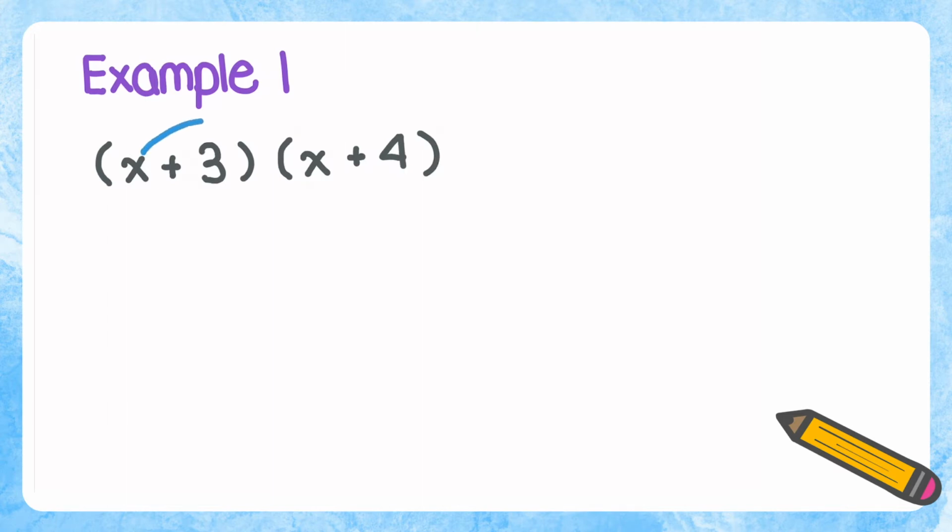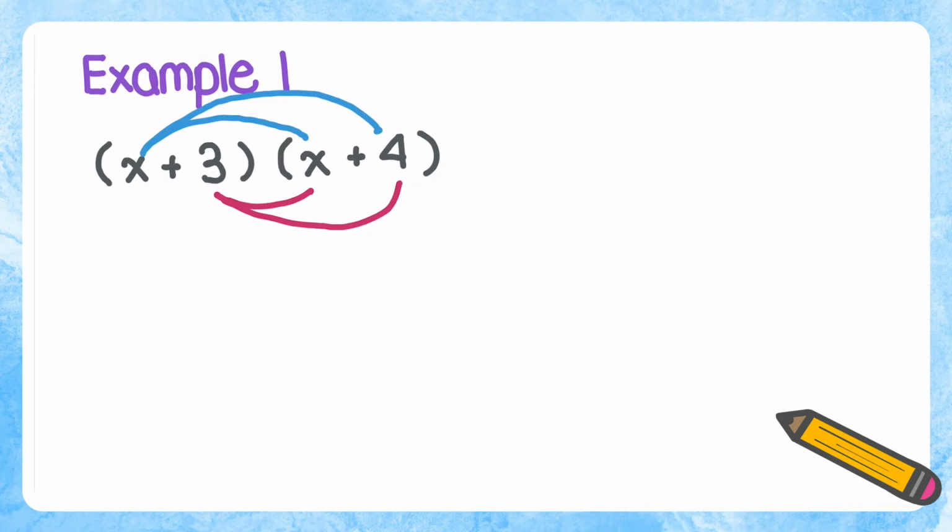So here I'm going to distribute the x in the first part to both the x and the 4 in the second part, and also the 3 in the first part to the x and then the 4 in the second part. So basically, I'm distributing each term from the first part to terms in the second part.